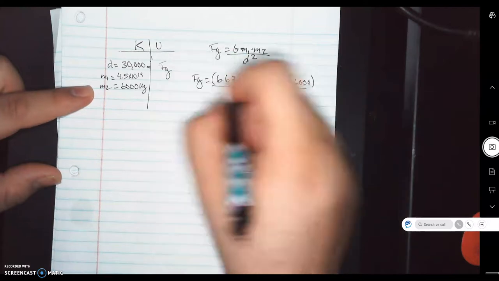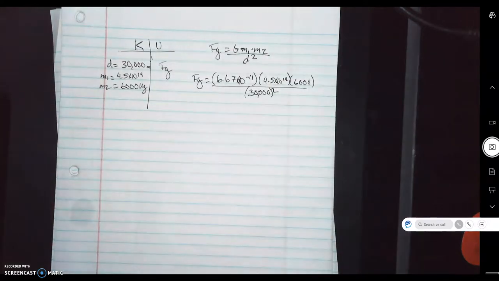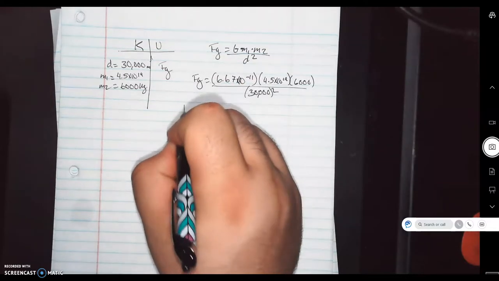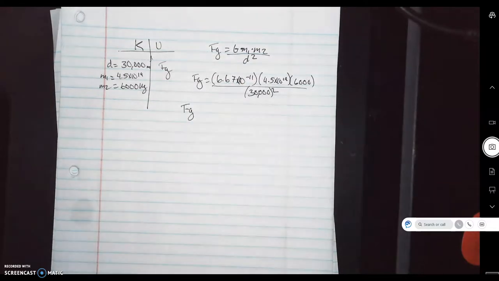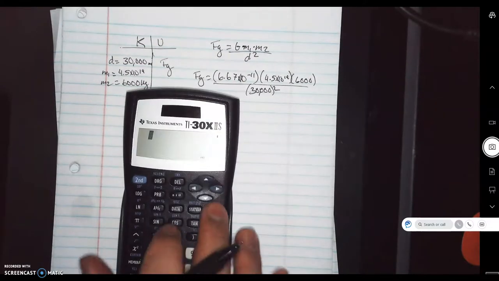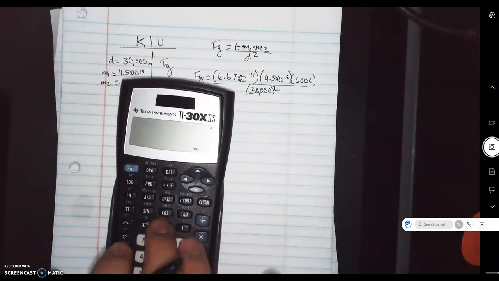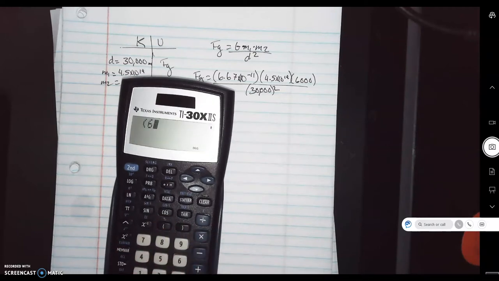Okay, so before we simplify this, I'm actually going to show you how to do this in one step in your calculator and how to type it in. And you would really just need to do this in one step. So taking your calculator, right, clear it from the previous problem, open parenthesis, just go 6.67.